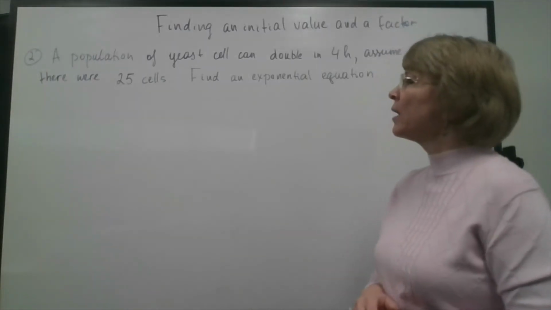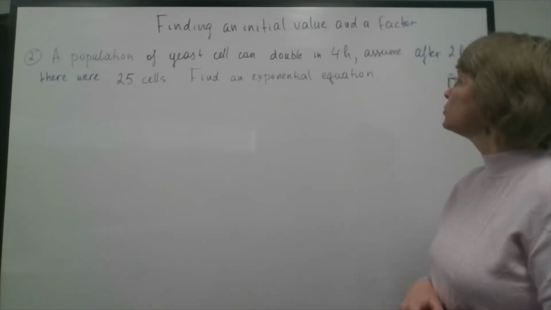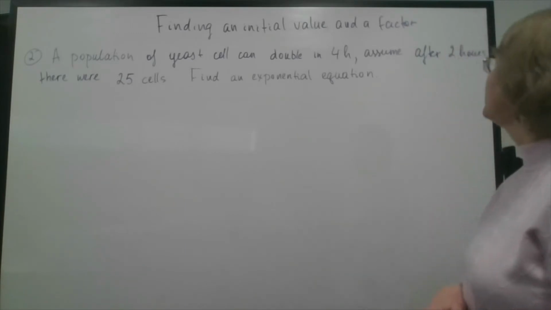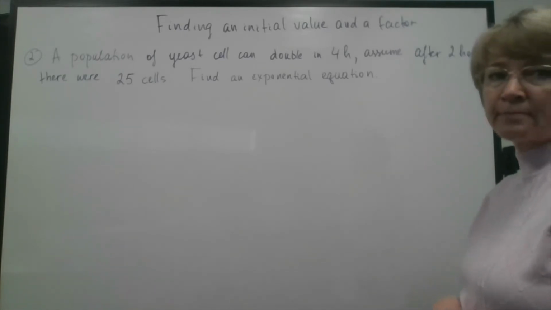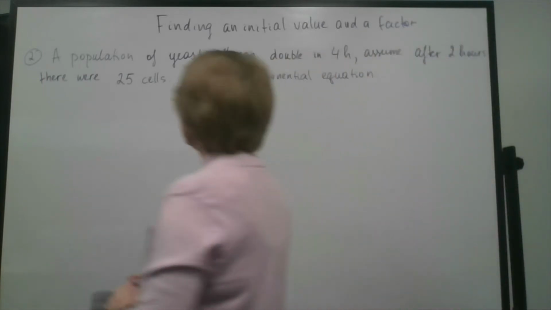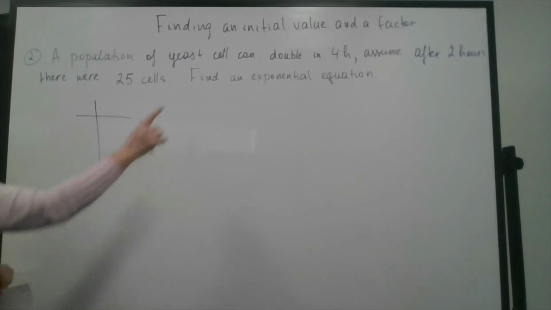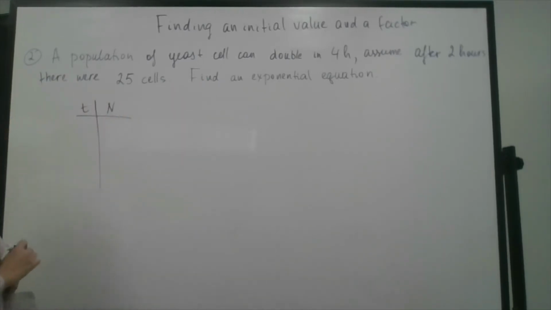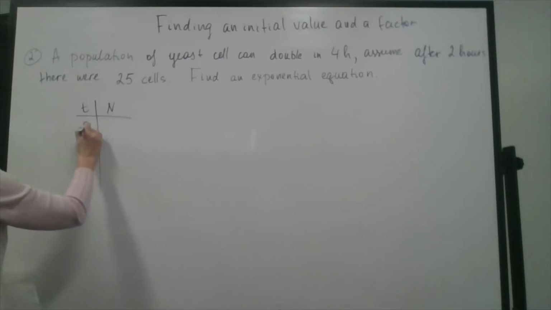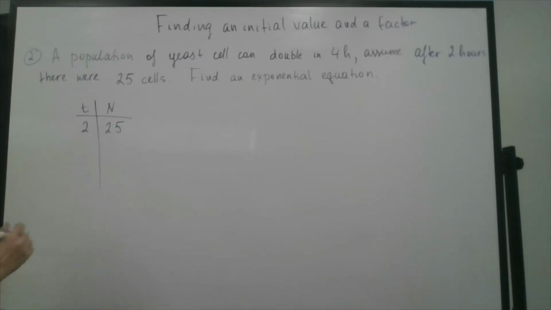Next example. A population of yeast cells can double in 4 hours. Assume after 2 hours there were 25 cells. Find an exponential equation. Okay, let's make everything visual first. We know that after 2 hours, so time is here, number is here. After 2 hours, we have 25 cells. Read the first sentence.